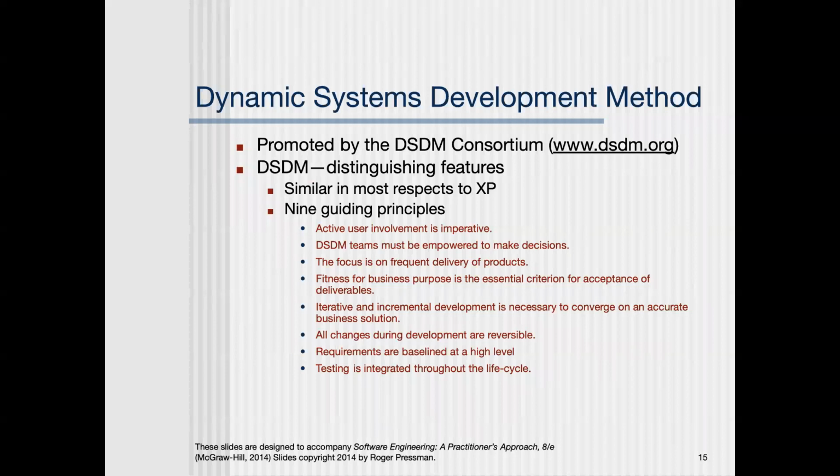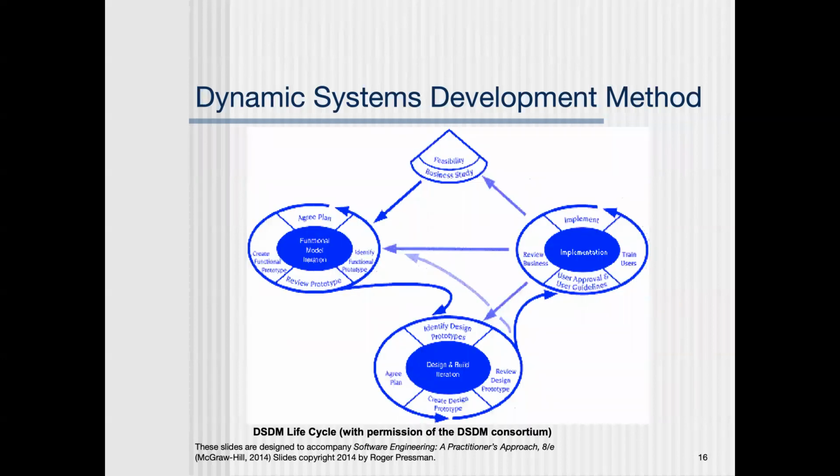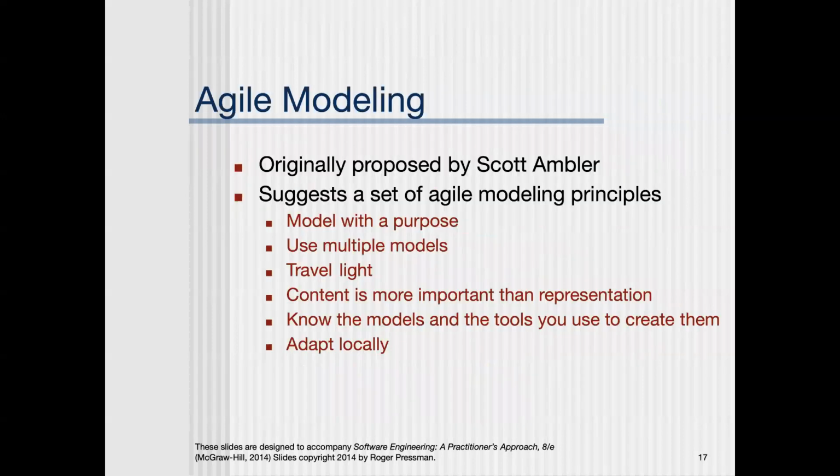Some differences you see there is that you have this fitness for business purpose. Really is a bigger deal, I think, than we see in other agile methodologies. And it's very interesting that all changes during development are reversible, which is an odd feature in some ways. But again, similar kind of thing. Again, a not very good picture of that, but it is in the book.